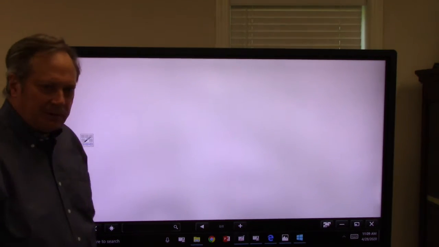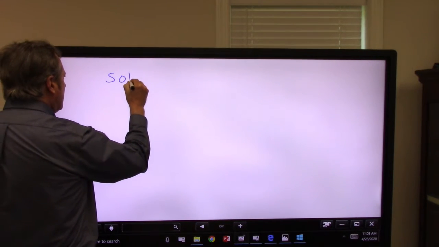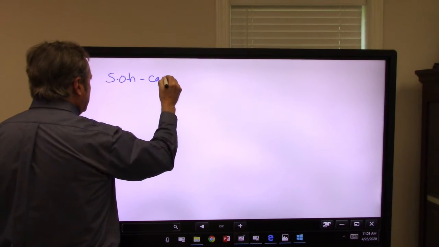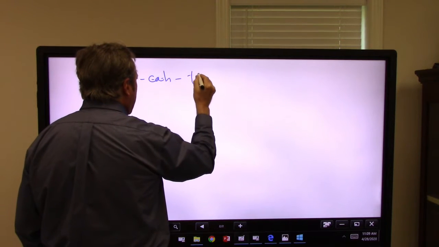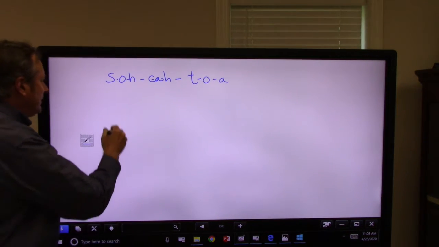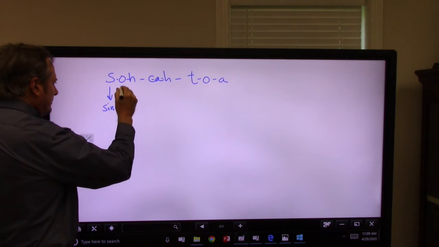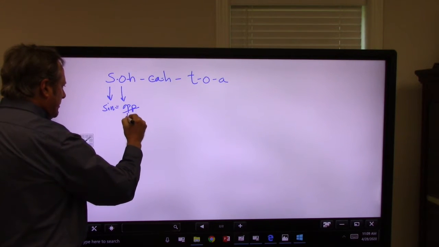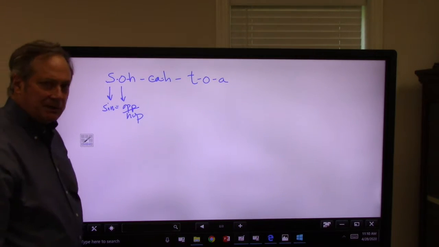Now there's this phrase to help students remember. It's called SOH CAH TOA. And what this means is that sine is equal to opposite over hypotenuse. Sine, opposite over hypotenuse.